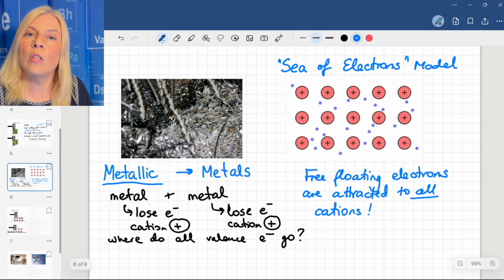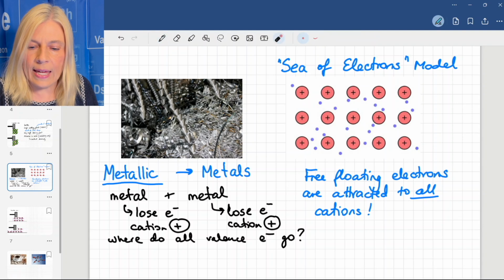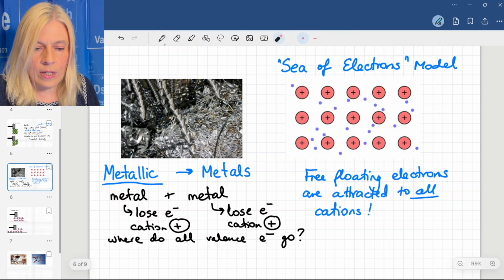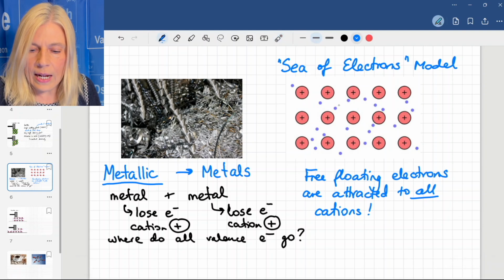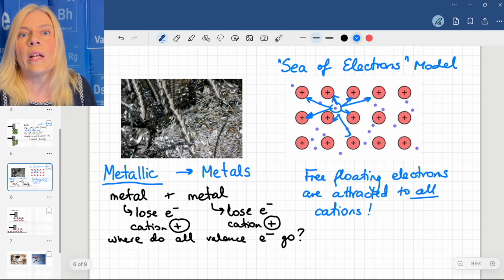And they can move between them. So the cations are not next to each other, so there is no repulsion because there are electrons that can move. And this electron here, actually let's draw this, is attracted to all the cations. It can move between all the cations. It is not stuck next to one of the cations.